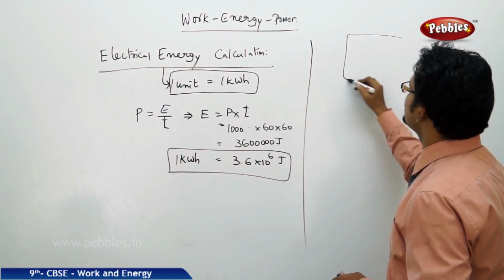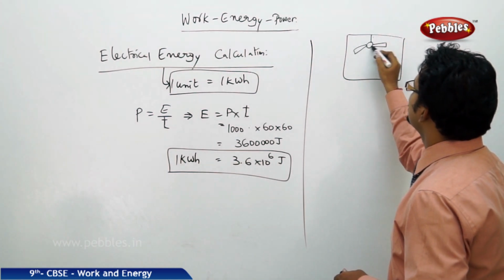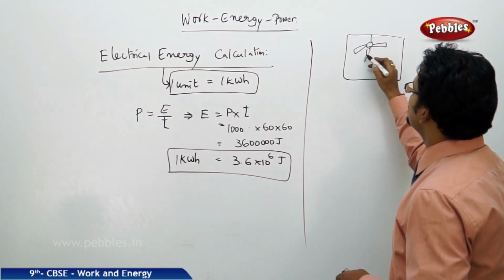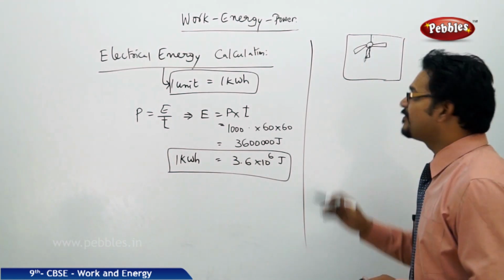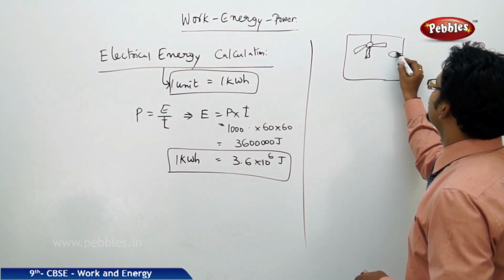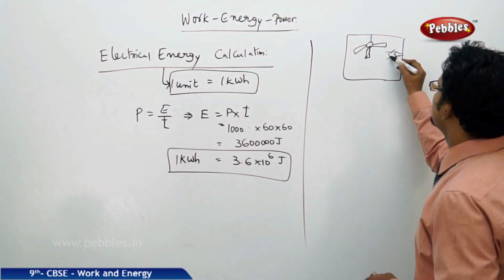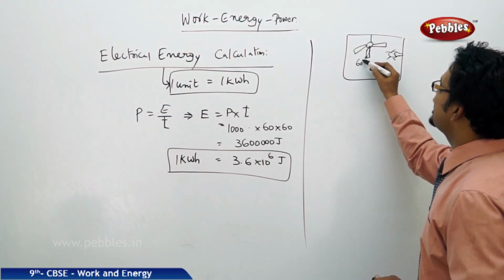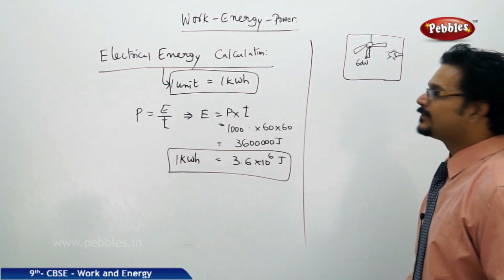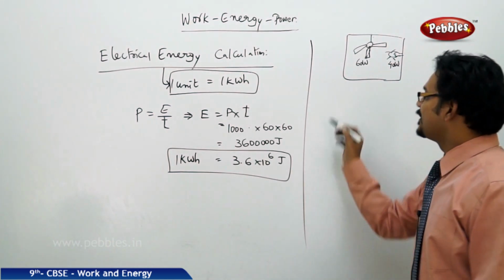So, there is a house. In that house, you have a fan, and this fan is working. And there is a bulb. Let us say the fan has 60 watts power, and the bulb has 40 watts power.